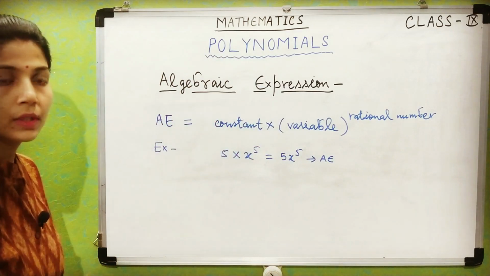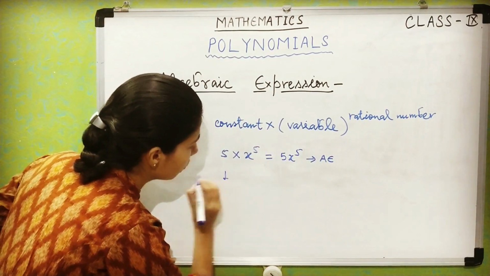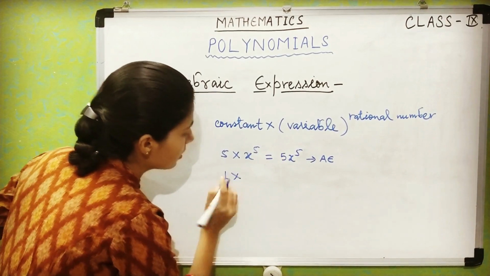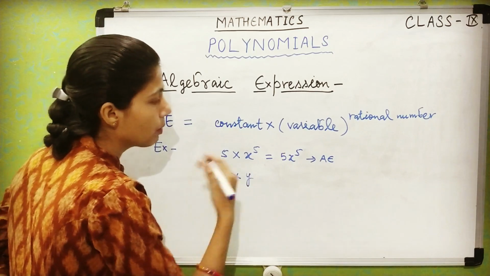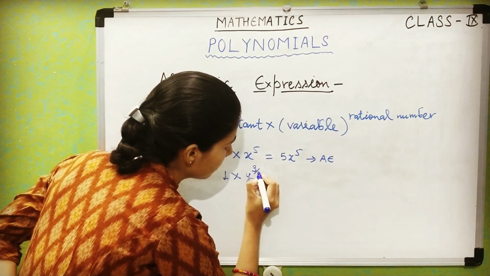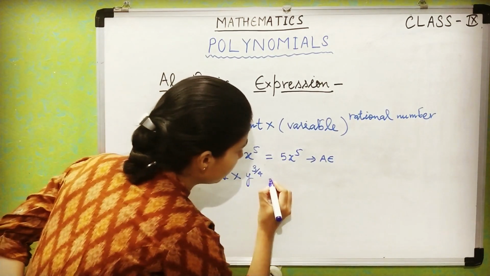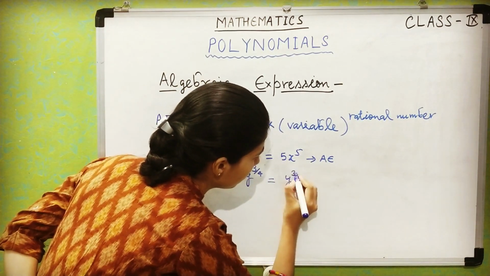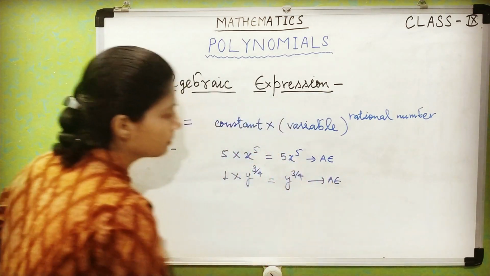More examples we take. Suppose 1 is a constant and the variable is y here, raised to some rational power. Now I am taking its standard form, 3/4. So it will be y raised to power 3/4. It is also an algebraic expression.